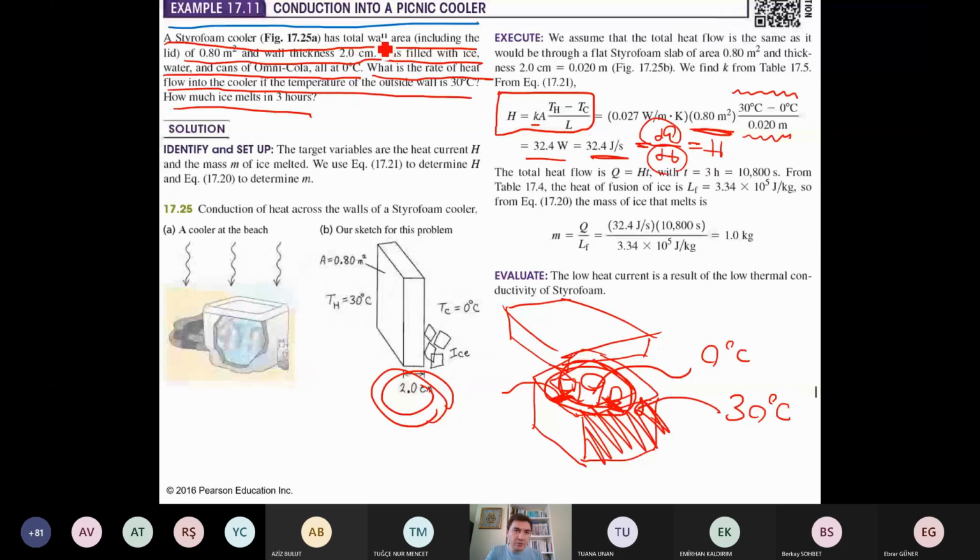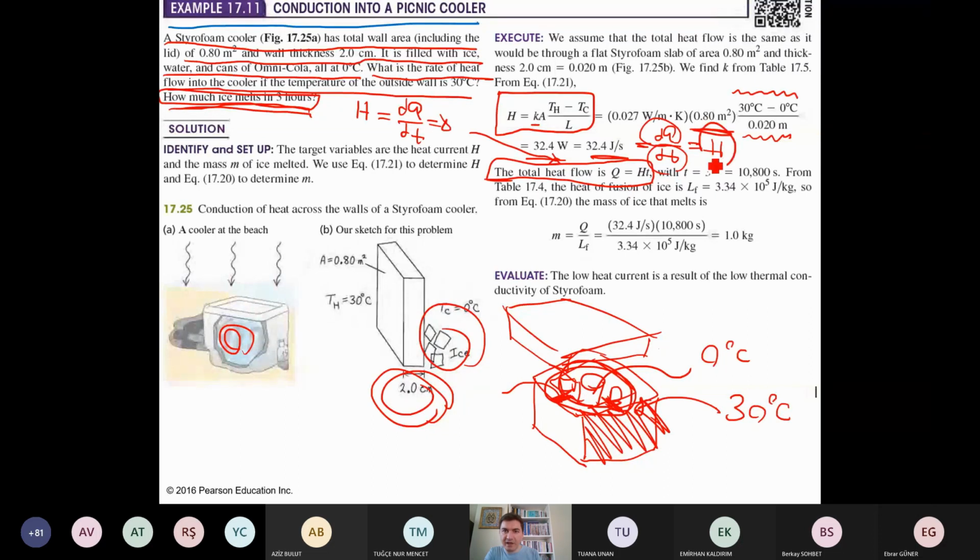So then what about the second question? How much ice melts in 3 hours? We have ice cubes within this cooler, and within 3 hours, how much ice melts? The total heat flow within 3 hours can be written by this expression. Just look at this equation, dQ over dt. And from this expression, you can get Q is equal to H times t.